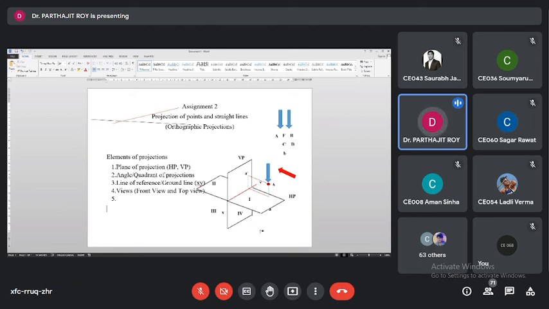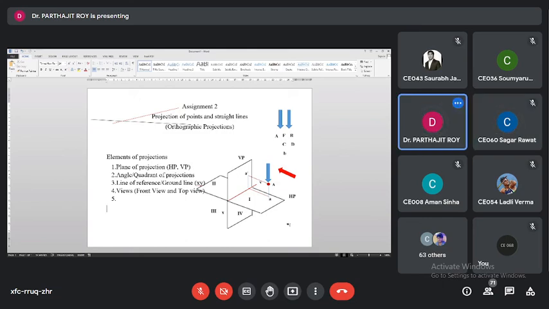Similarly, foot of the perpendicular drawn from the point A on the vertical plane. These two foots of the perpendicular will be known as top view and front view, represented by small letter a and small letter a with dash. Clear? Yes, sir.